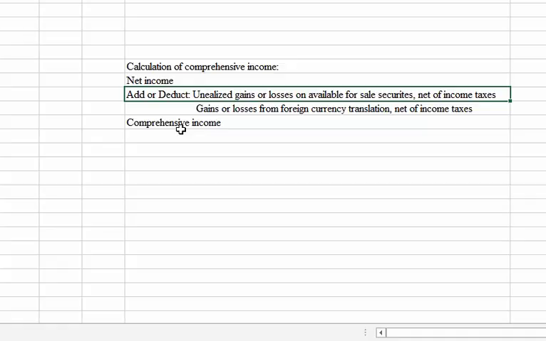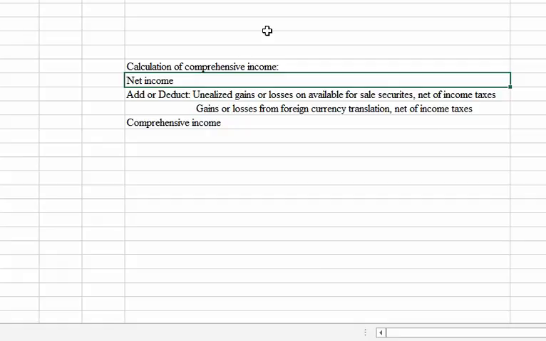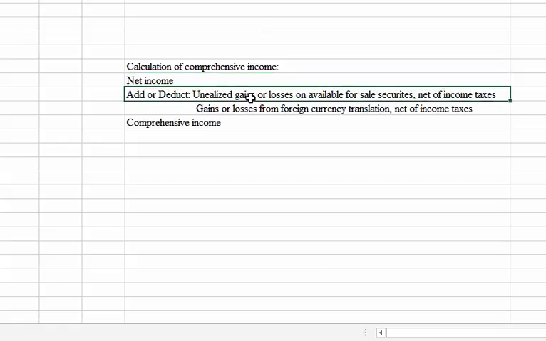But if we haven't sold it by the balance sheet date and the financial statement date, then that gain is said to be unrealized, an unrealized $20,000 gain. Well, it wasn't included in net income until the securities were actually sold and realized, so to speak. But it's a part of comprehensive income, even though we haven't sold them yet.